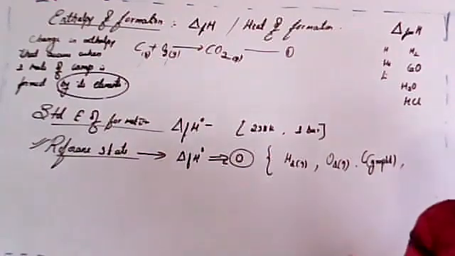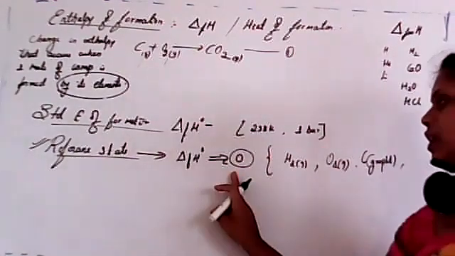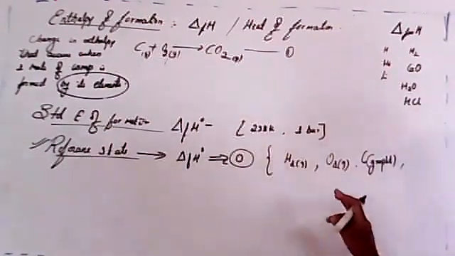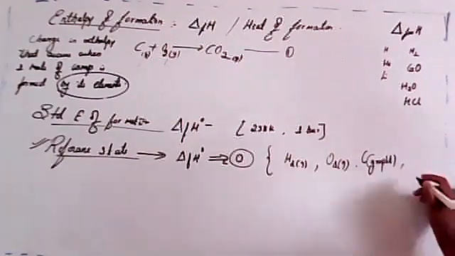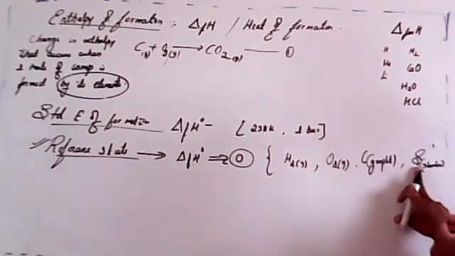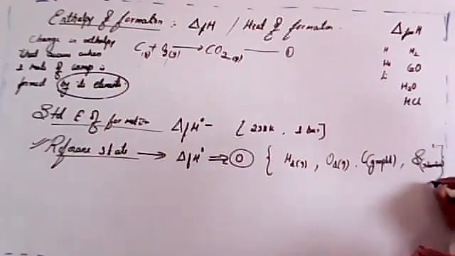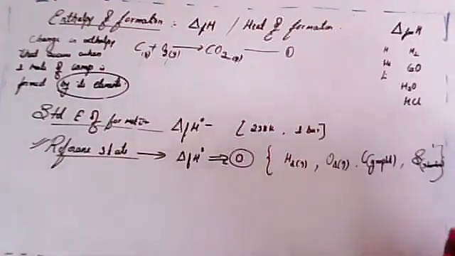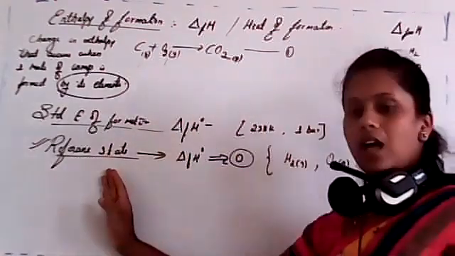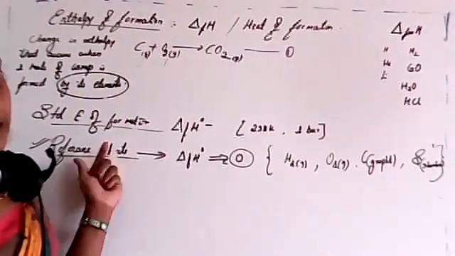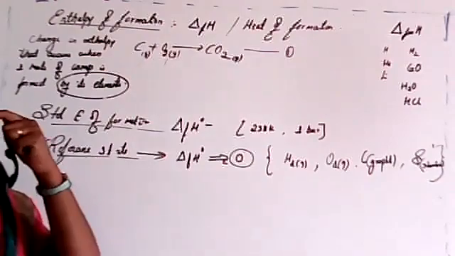That means the formation of these has 0 enthalpy of formation. Again, some examples are chlorine gas or rhombic sulfur, which is another allotropic form of sulfur. These all have 0 value for standard enthalpy of formation, which we consider as a standard or reference state. Remember this point, student. Is this clear?